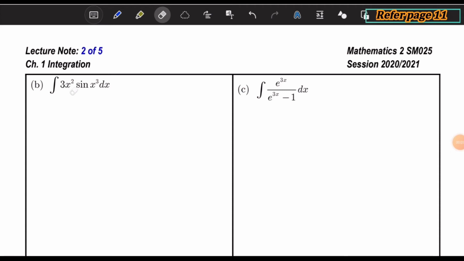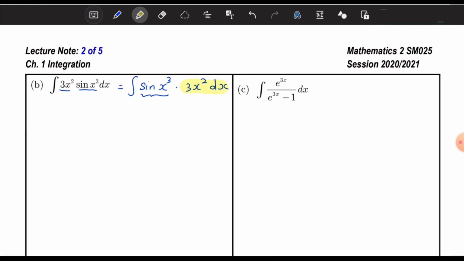Example part B, 3x squared, a polynomial function, sin x cubed is a trigo function. So, sin x cubed is more complicated, isn't it? So, we rewrite as sin x cubed times 3x squared dx. We write the function related to u first. Okay. And if you look at the back here, we have 3x squared.